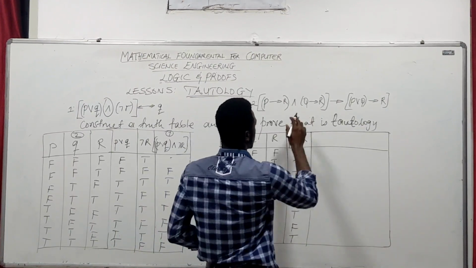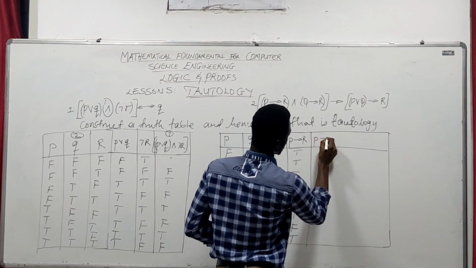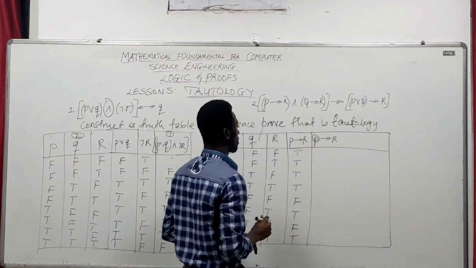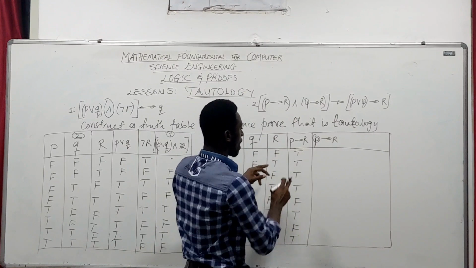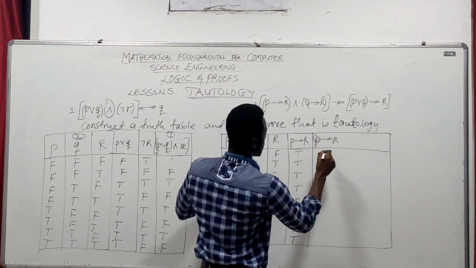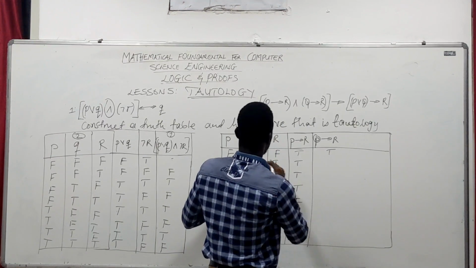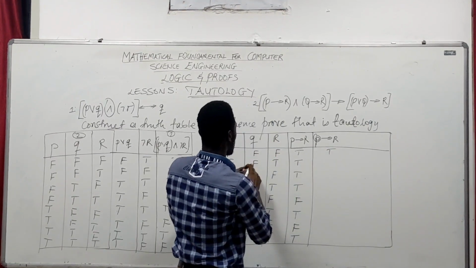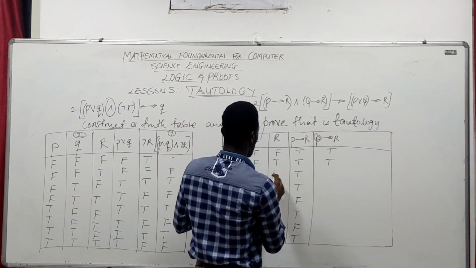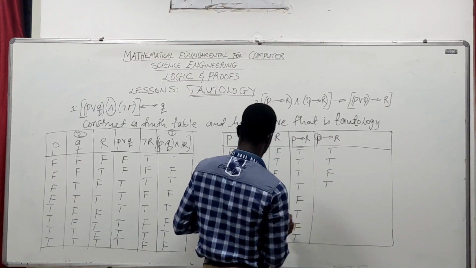Okay? Now we'll check Q implies R. For Q implies R, we apply the same rule, as this one is conditional. Okay? So false, true becomes true. False, false becomes true. False, true becomes true. True, false becomes false. True, true becomes true.